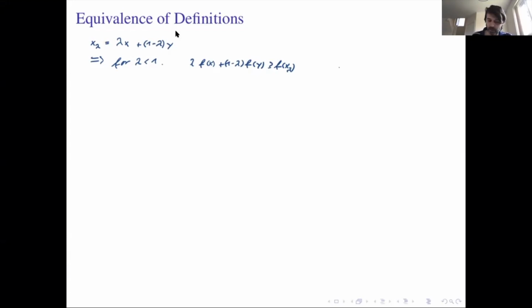So now you can just rearrange. This one here is giving you f y greater equal 1 over 1 minus lambda f x lambda minus lambda f x.